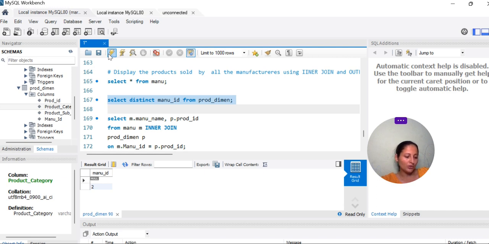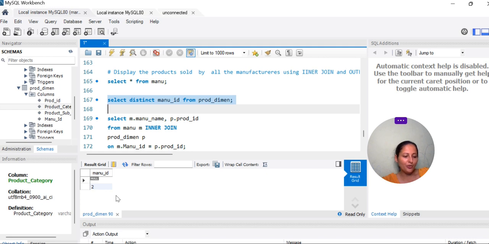So which manufacturer does not have any product to show? Manufacturer number 1 and 3, because they are not appearing here. There are three manufacturers 1, 2 and 3, but manufacturers 1 and 3 are not selling any product in the product dimension table. So there is null and 2, because null was also appearing there.